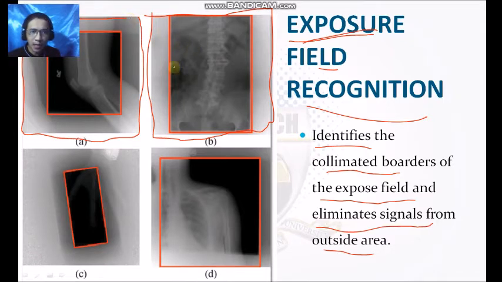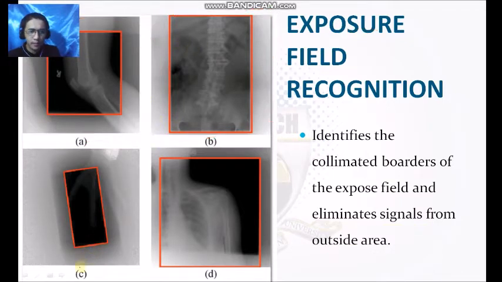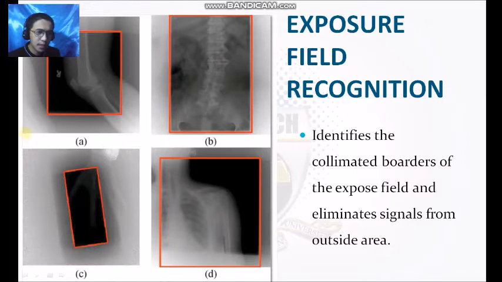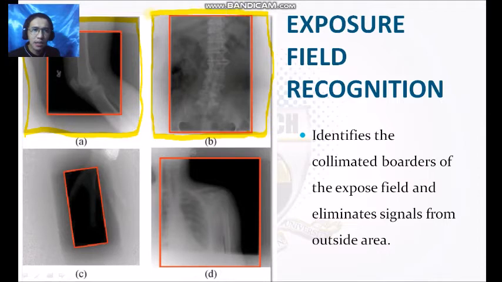And then the red one, the red pen. How about the highlighter? Okay, so this is the size of the cassette. That is the size of the cassette. And then the red portion is the collimated part.